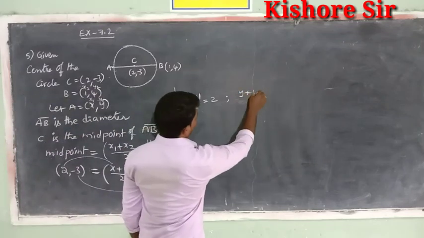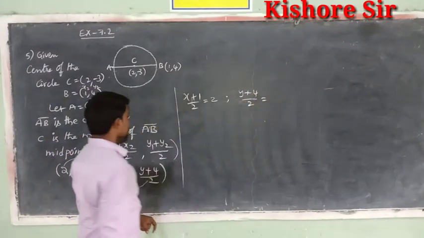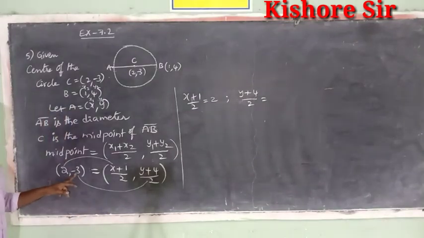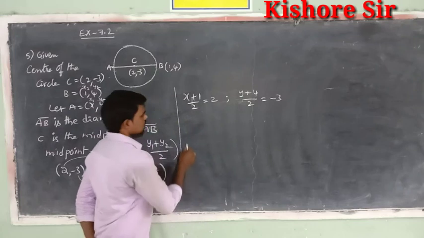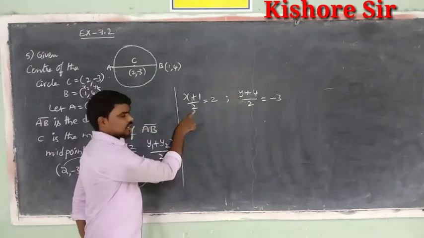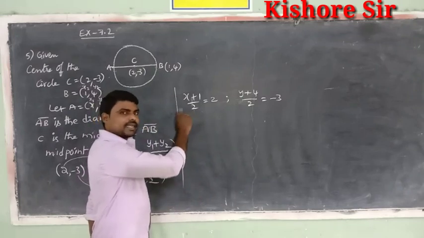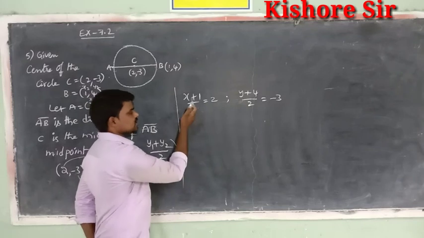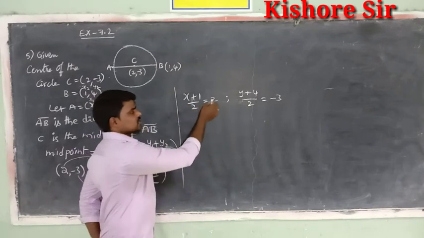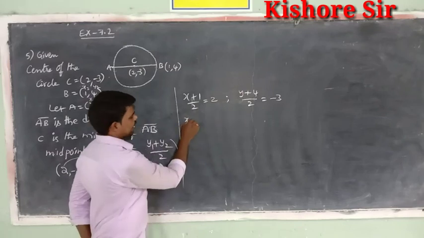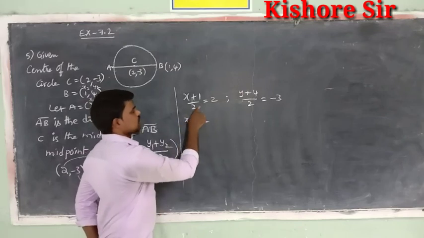Y plus 4 by 2 is equal to, so in LHS the y coordinate is minus 3. So here 2 division quantity. 2 is in a denominator. So transpose this 2 from LHS to RHS. Division quantity becomes into quantity. So x plus 1 is equal to 2 into 2.